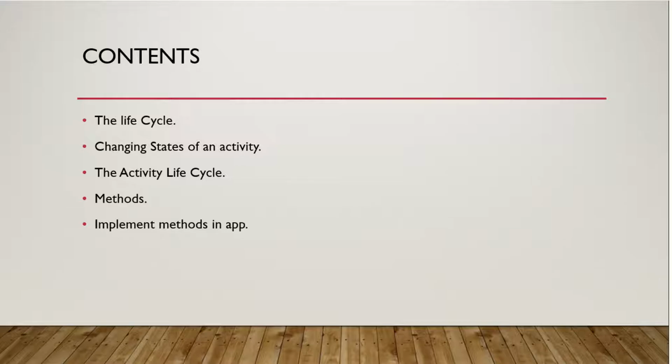The life cycle is basically the changing states which occur in any object's life. If we take the example of a human being during a day, first of all, in the morning, he gets up early. Getting up is a changing state. After getting up, he eats something, so it is another state.